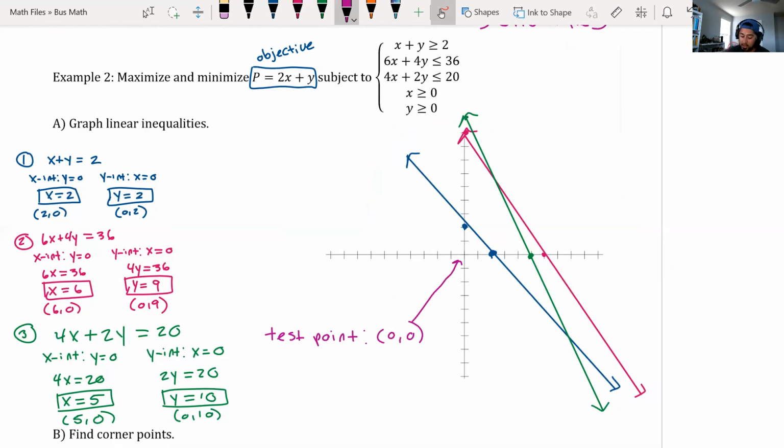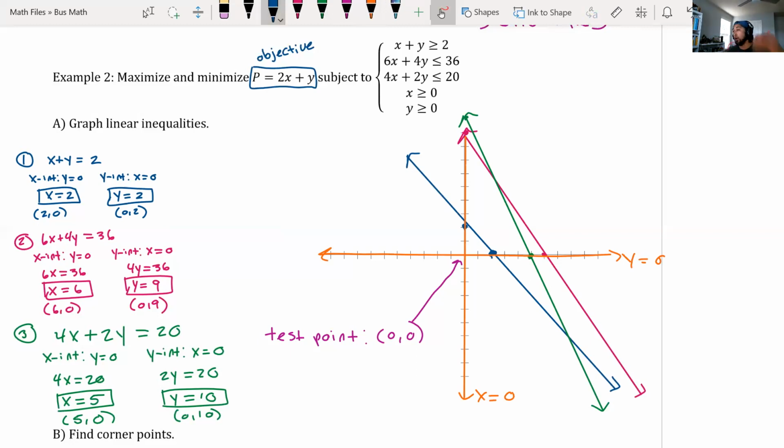Oh, I guess I should draw the non-negative restrictions, right? So here is, do another line. Look at this. It's amazing. There we go. Here's x equals 0, and here's y equals 0.